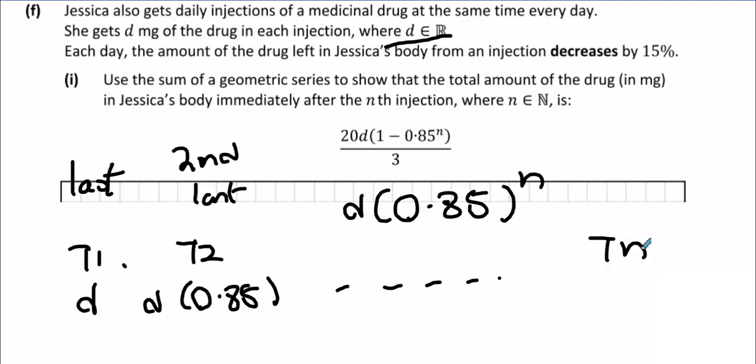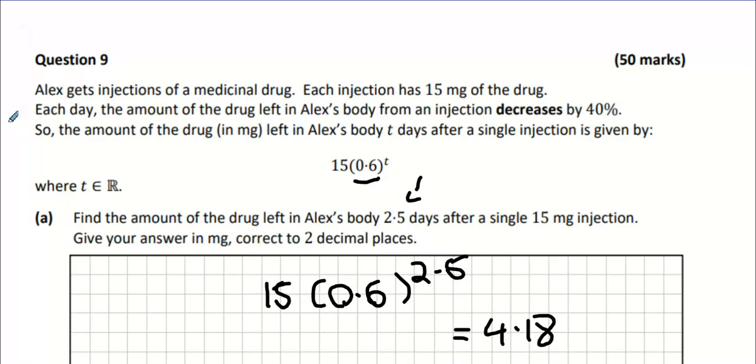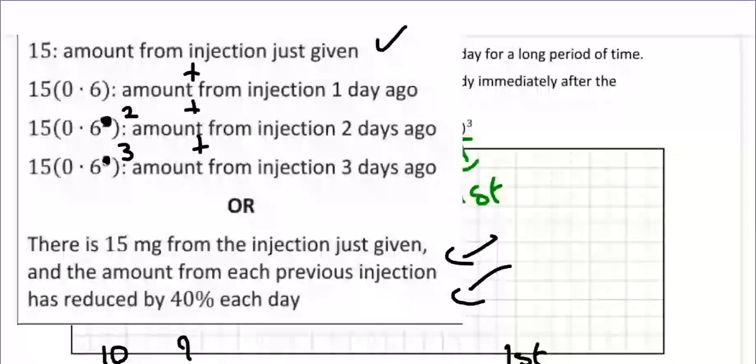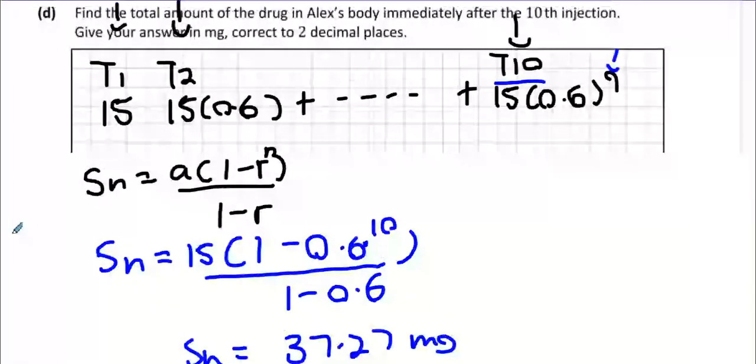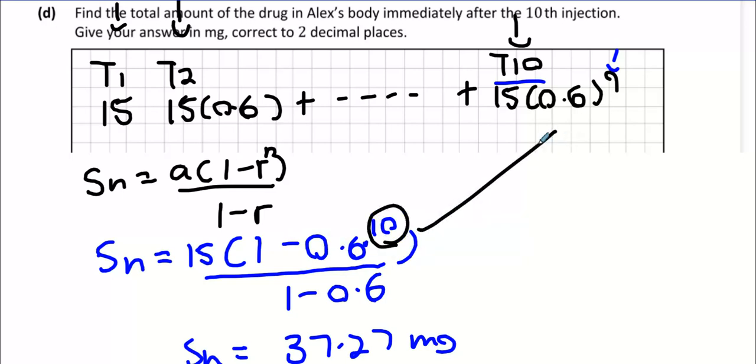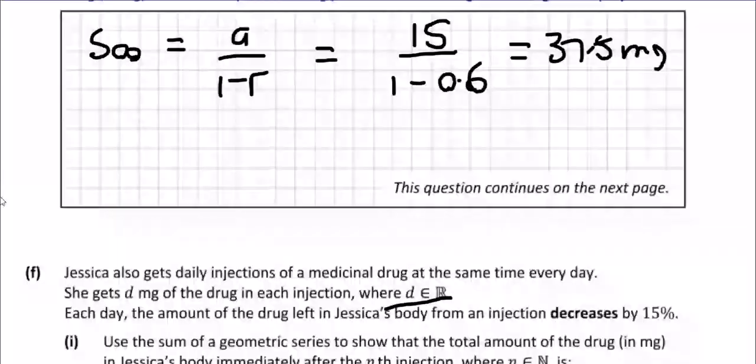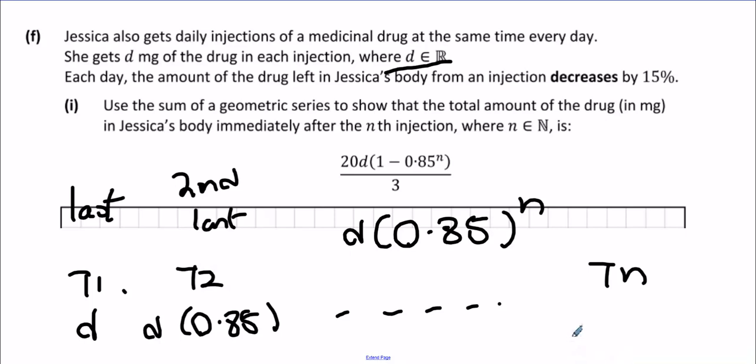And how long is that in your body? n minus 1. Because you remember in the last question, we did 10 injections, but the first one was in our body for 9. So if we do n injections, it's in your body for n minus 1. By that logic, right?